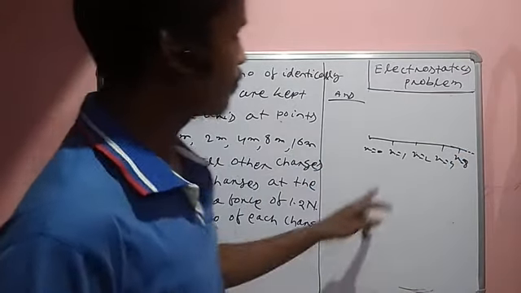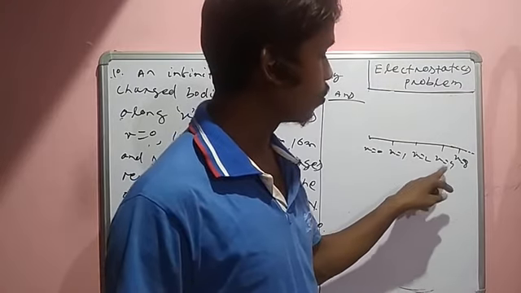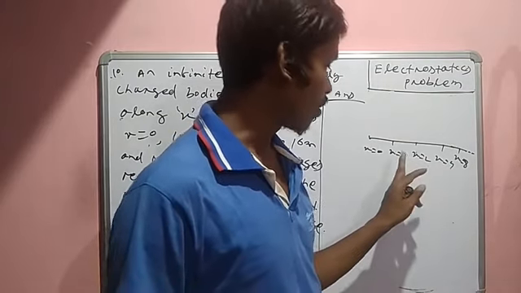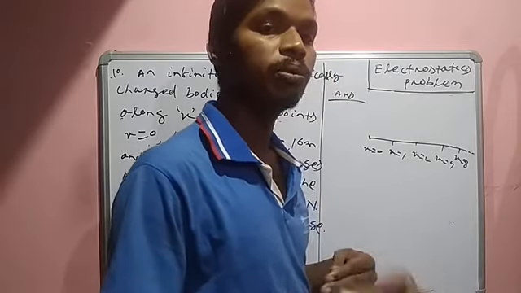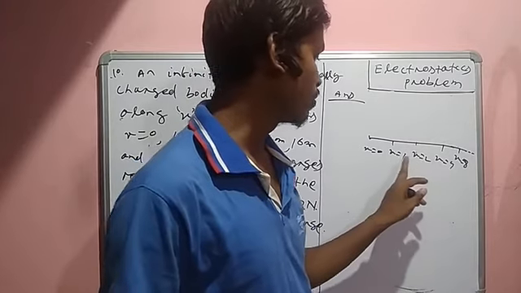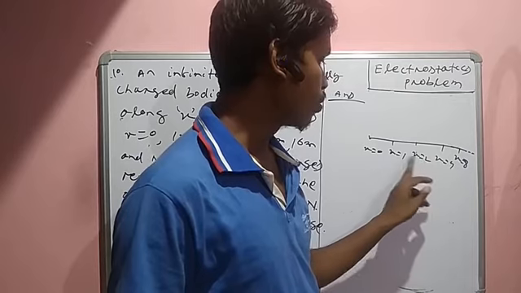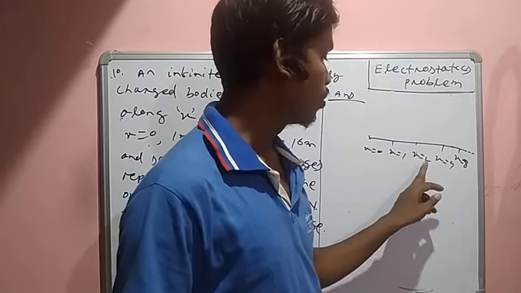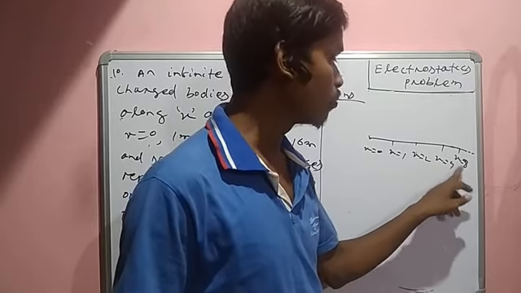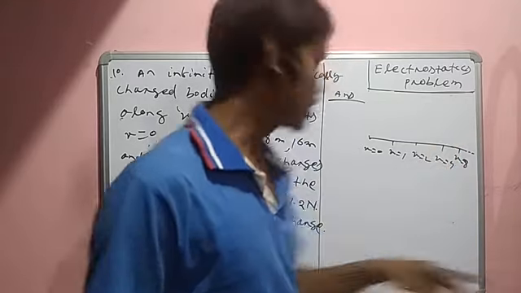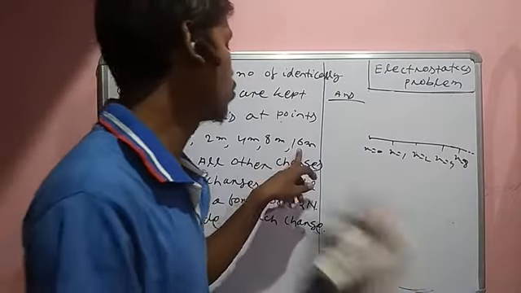From 1, each point is twice the before value. 1 into 2 is 2, 2 into 2 is 4, 4 into 2 is 8, 8 into 2 is 16, then 32, 32 into 2 is 64.